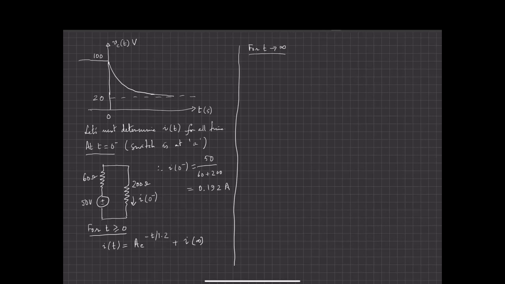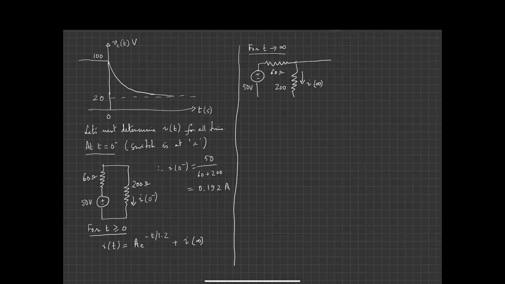That circuit was 50 volts, this was 60 ohms, this was 200 ohms, and this current here is I at infinity.